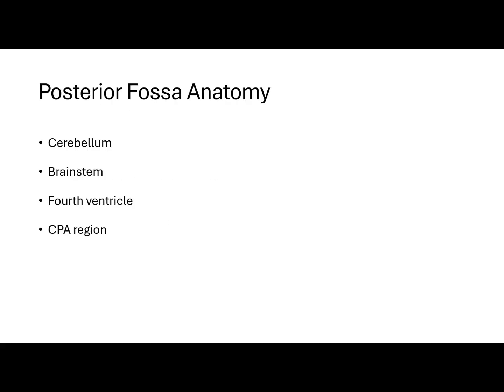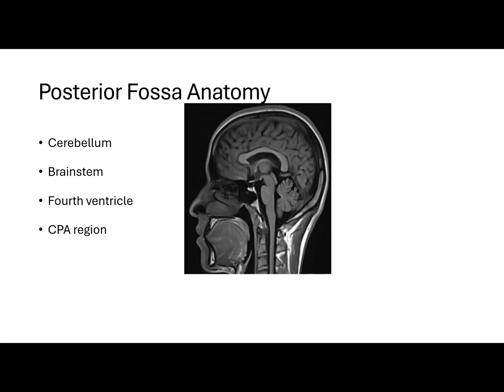Now let's quickly review the posterior fossa, where we see the cerebellum, brain stem, fourth ventricle, and CP angle region. And these are the infratentorial structures. So we can see in this sagittal image, this is the posterior fossa, where you can see the cerebellar vermis, a midline structure, and this is the brain stem.